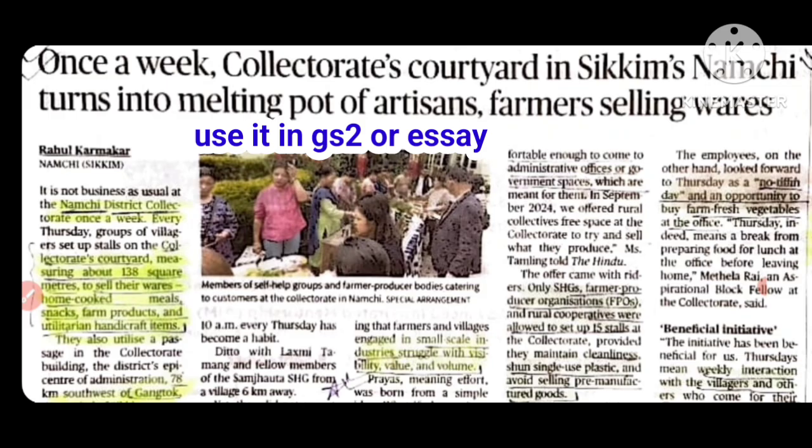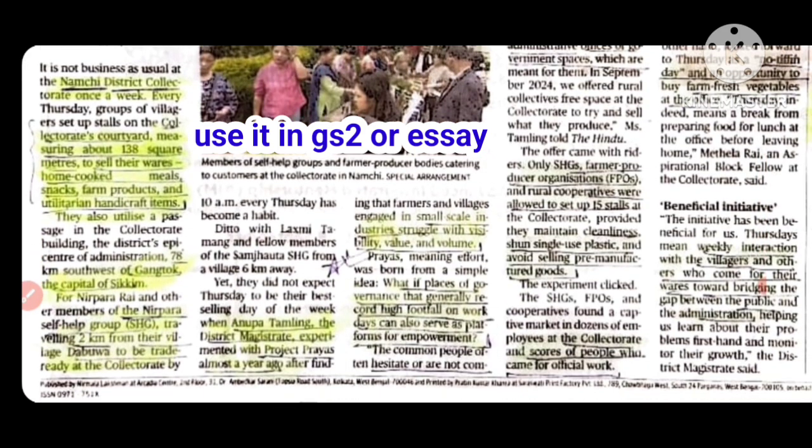She has started the Prayas initiative, the project Prayas as she calls it. The district collectorate office is open once a week for all the self-help groups, cooperatives, farmers, and producer organizations. They bring all their products and sell there. This is a very good initiative to give them a market and recognition.